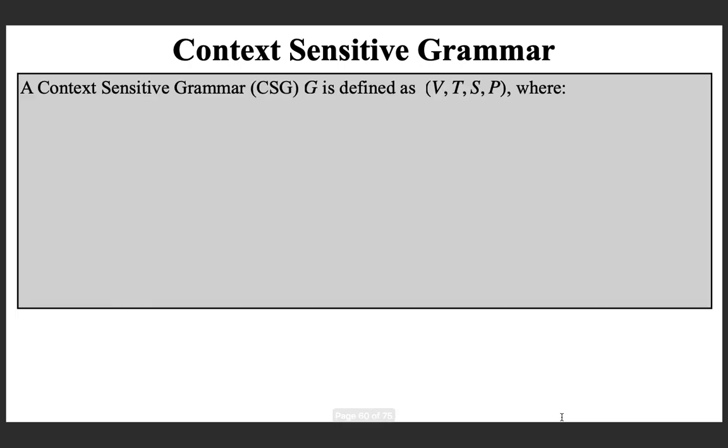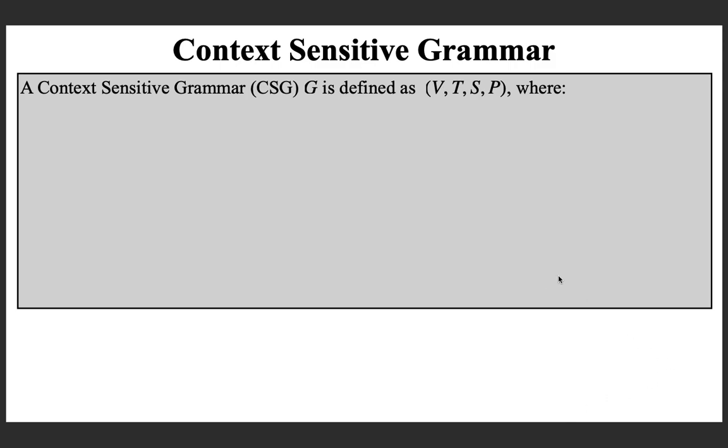With that simple but illustrative example, now we can formally define context sensitive grammar. You know that only the production structure needs to be defined.